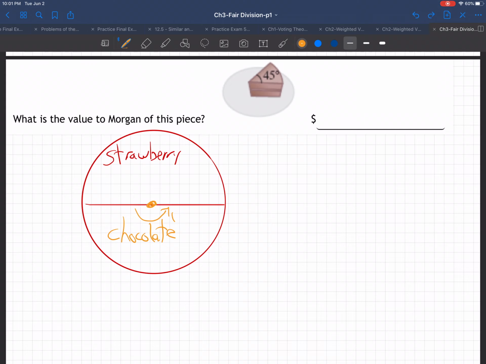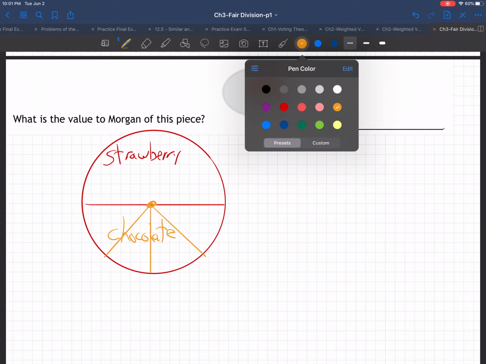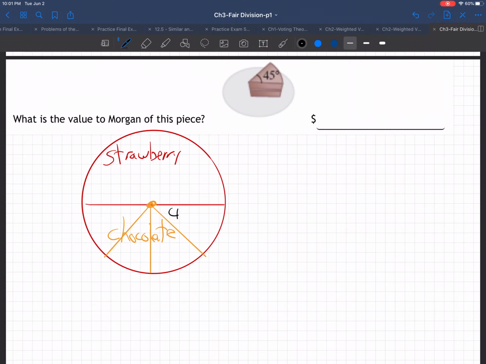So, let me get rid of that so we can do something nice here. If we break this up into 4 equal sections, that's what the 45 degrees is. Do you see that? This part will be 45. This part is a 45-degree piece of cake, this is a 45 degree, and this is a 45 degree.